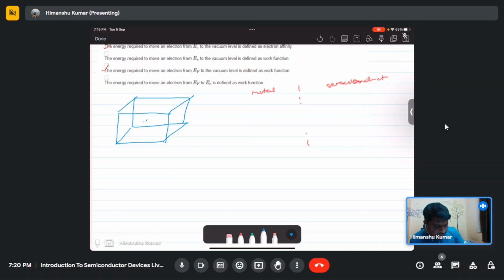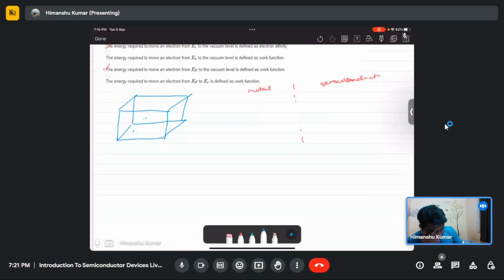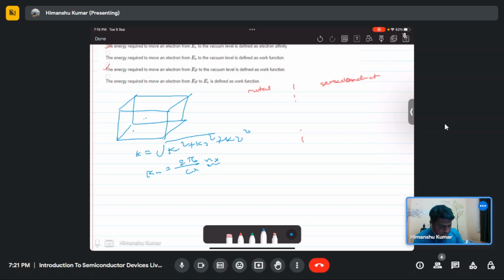If you have this piece of metal and apply periodic boundary conditions in the Schrodinger equation, then in k space k is the square root of kx square plus ky square plus kz square, where kx is 2 pi by Lx times nx, where n is the number of states and L is the length in this direction.